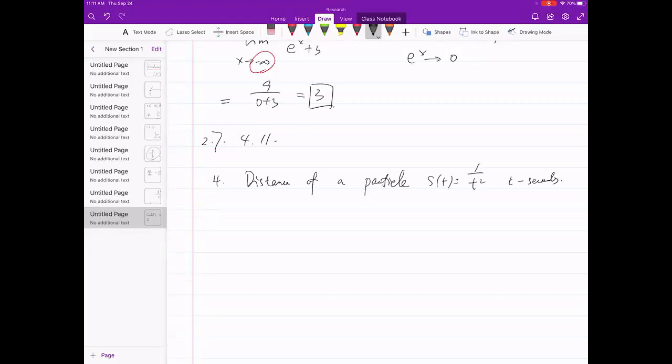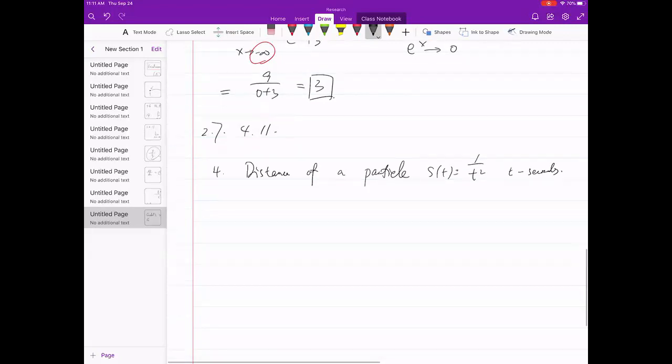Find the velocity of the particle at time t equals a, t equals 2, t equals 3, and t equals 4. So find the velocity at t equals a, 2, 3, and 4.